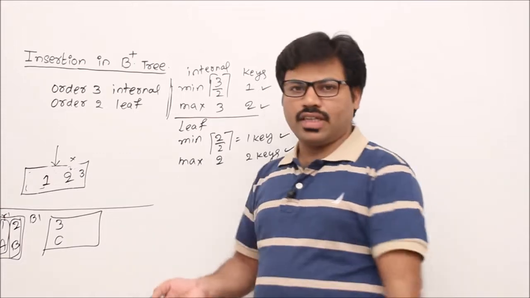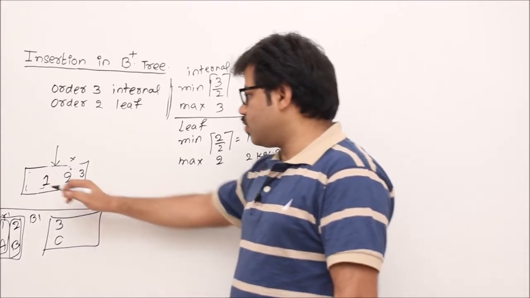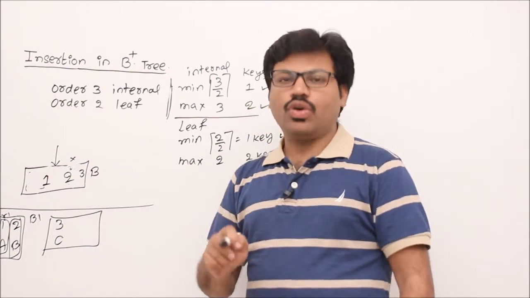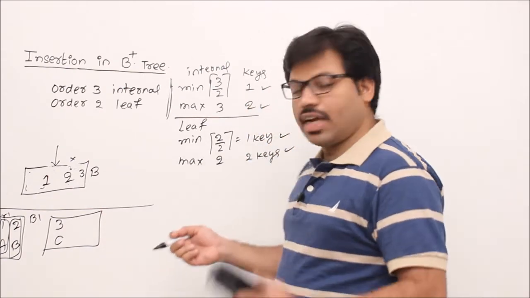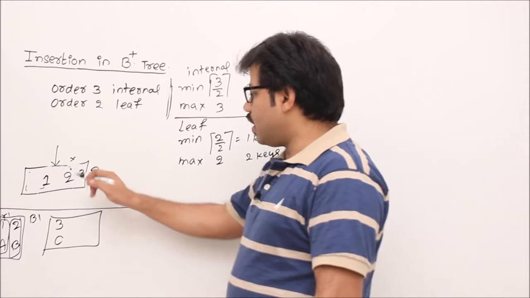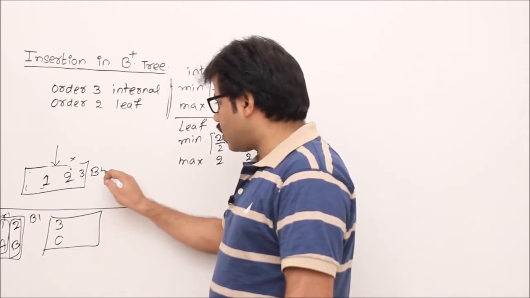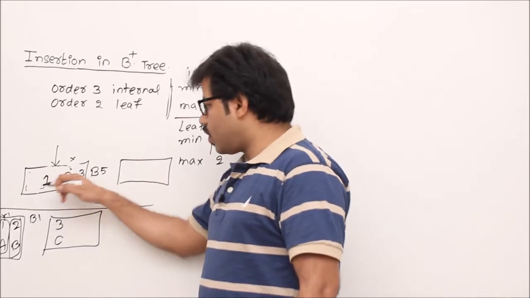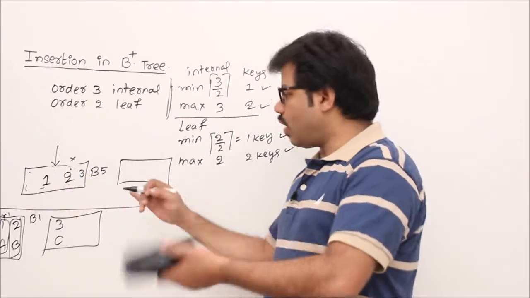In implementation, the same thing works like this. This is one block, and remember that every tree node is usually kept in a block, as we studied in B trees. Let's say this is block B5. Then create a new block and transfer half of the keys to the right side.